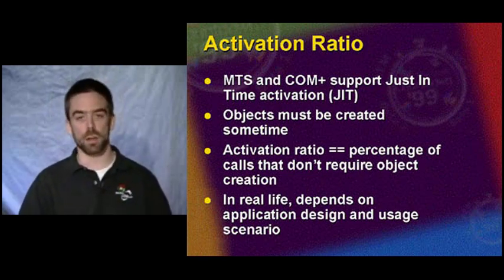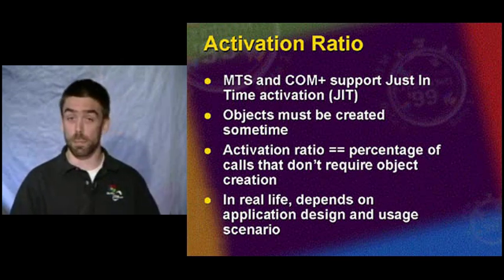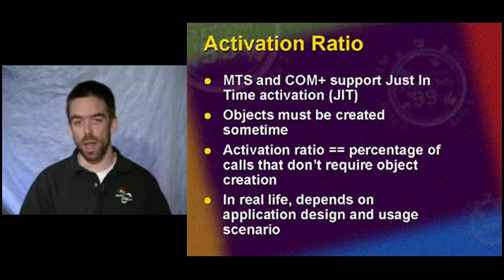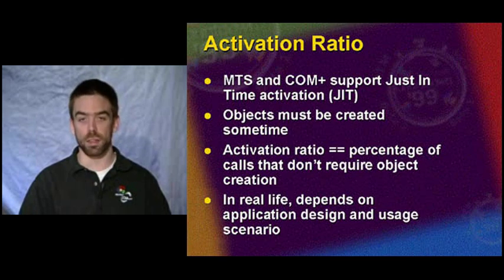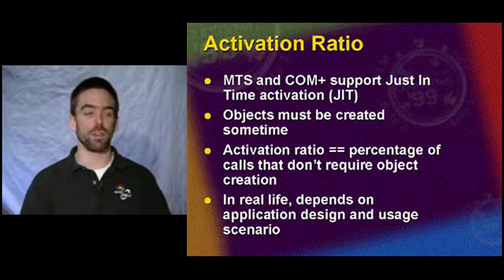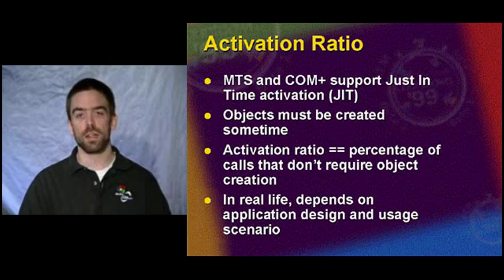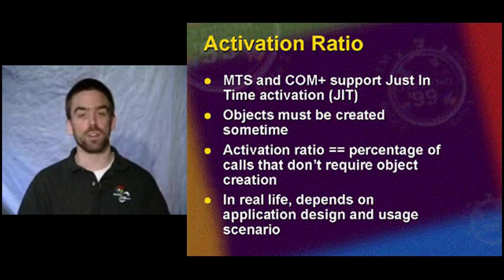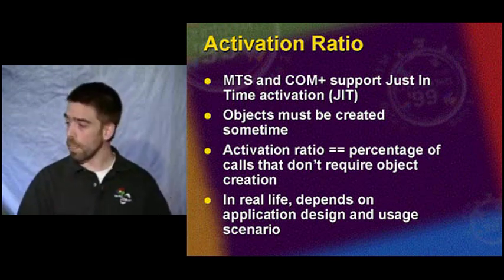That is, if you have a component that calls set abort or set complete and the component goes away, the client can still hold on to a reference to that object, and when the client makes the next method call, the object will be created. Now this is very much faster than if the client releases the object in between and has to call co-create instance for every method call. So it's very much an optimization.